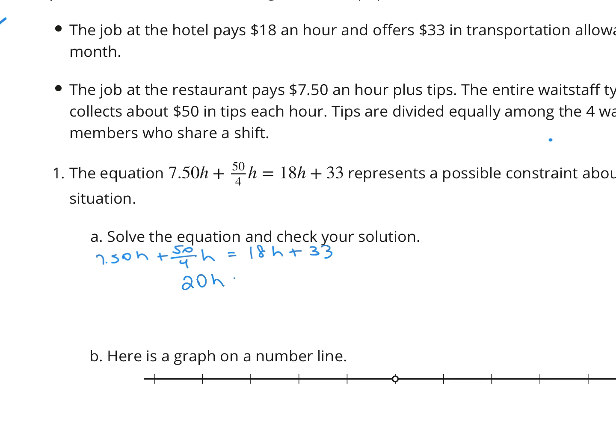So I have 20h is equal to 18h plus 33. Then I need to get my variables on one side, so I'm going to subtract 18h from both sides. So now I have 2h is equal to 33. And then I'm going to divide both sides by 2, and I get h is equal to 16.5.